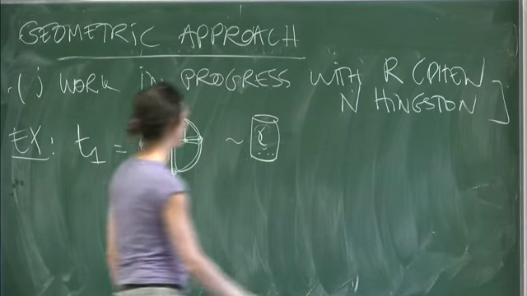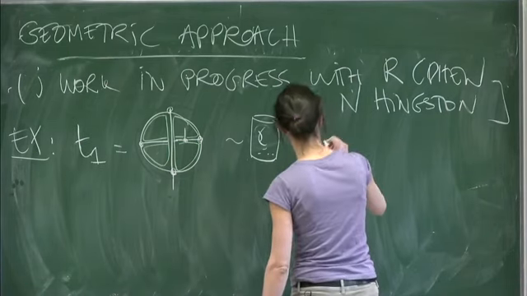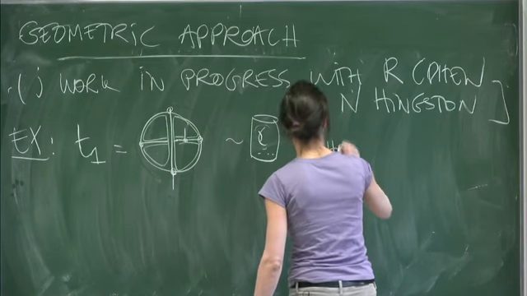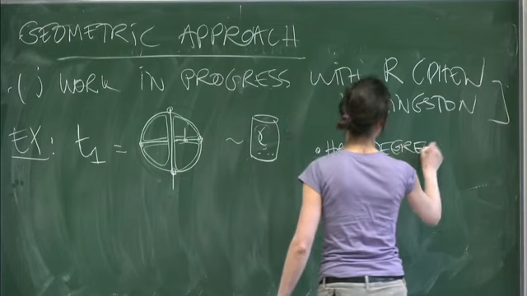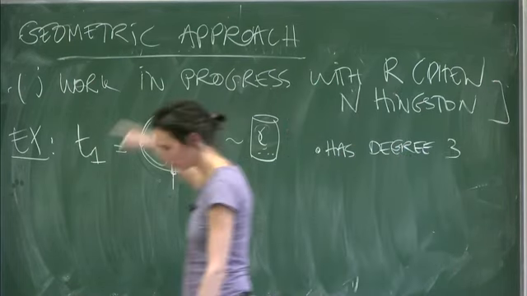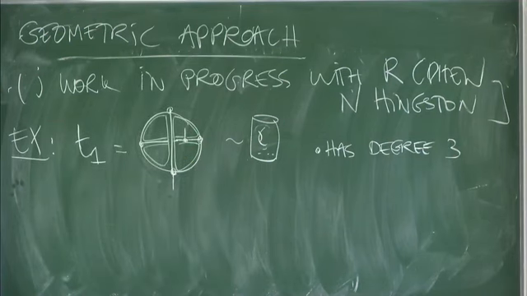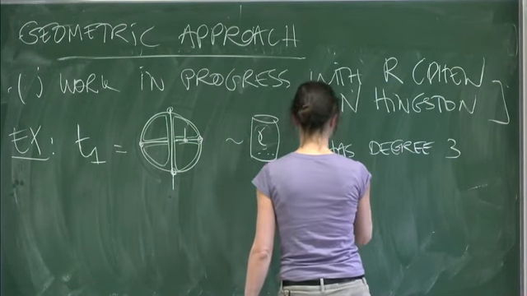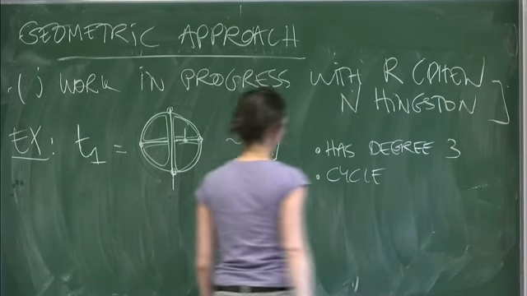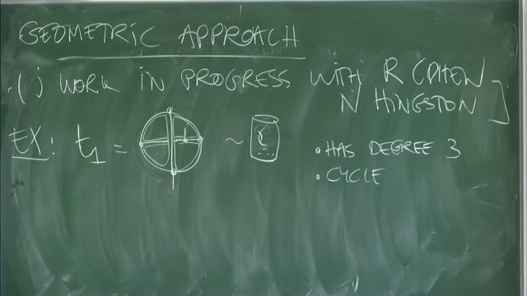And as a Sullivan diagram, it has degree 3. The degree was the number of edges on the circles minus 1, so this is a degree 3 guy. And then what I said is that it's a cycle. So these are the things I know.